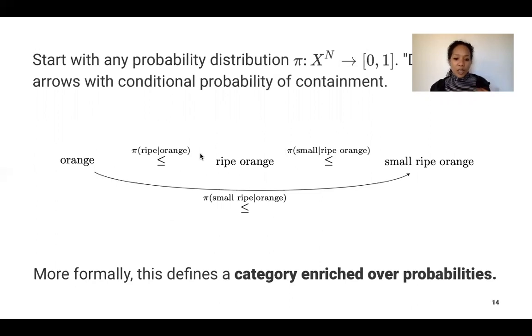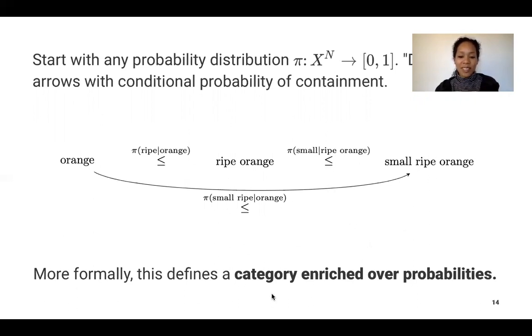And when you write all of this out and see what it means, there's a formal phrase attached to this. So this category theoretical structure, together with these decorated probabilities, means we have what's called a category that is enriched over the unit interval, or over probabilities. Now, the intuition is all on this slide.